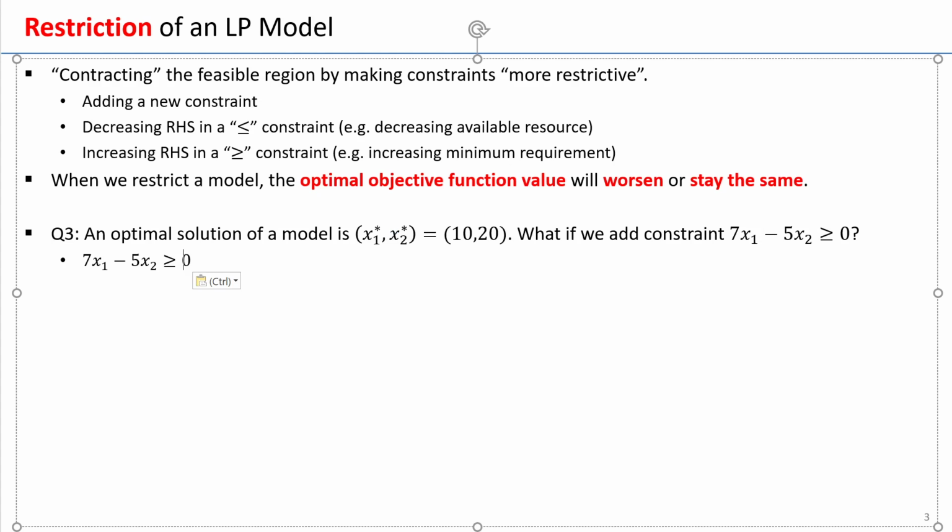But what we can determine is that we can evaluate the left-hand side of this constraint at the optimal solution. That will be 7 times 10 minus 5 times 20, so that's 70 minus 100, which is minus 30. For this constraint to be satisfied, this value should be greater than or equal to 0, but it is not, which is required by the constraint.